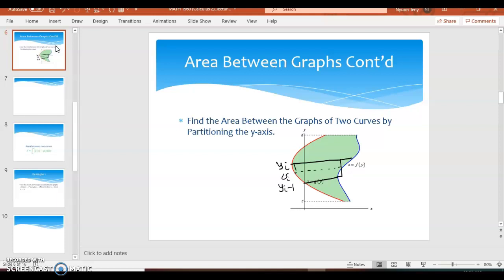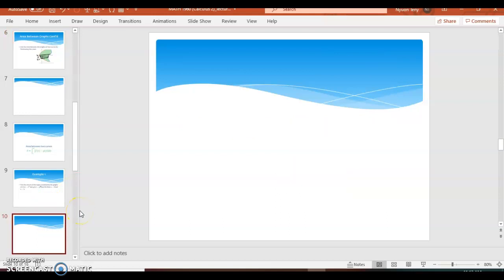This is like the method of Riemann sums, if you remember. If we find this area here, which is an approximation of the area A of I, then we can generalize this method.